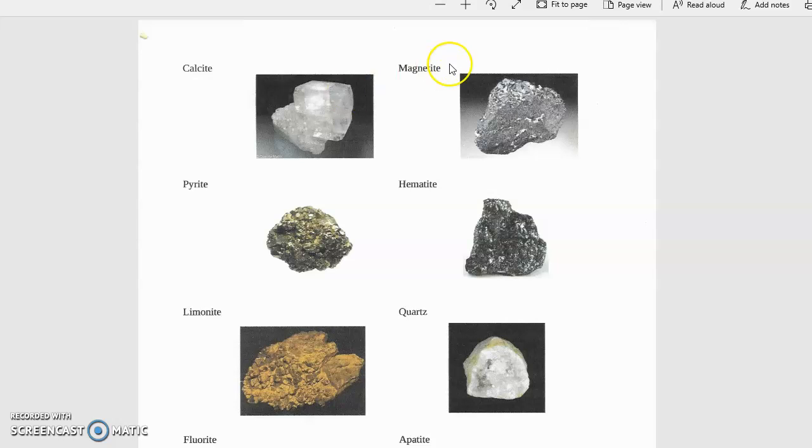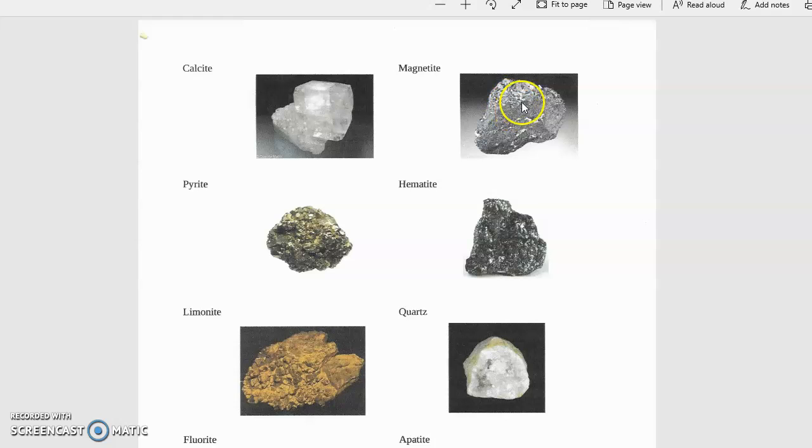This one is magnetite. As you could expect from a name like magnetite, it's got a lot of iron in it, and it's very magnetic. The color of this is black. The luster is metallic. You can see there's a high sheen on some of these surfaces. There are some examples of this where it looks like a belt buckle of some sort.